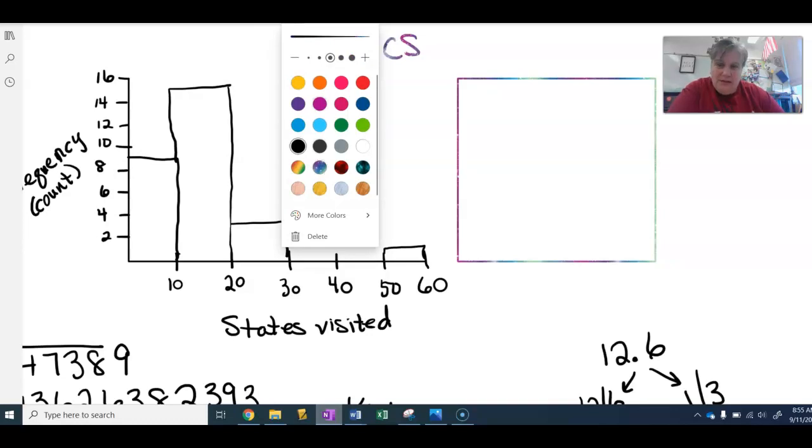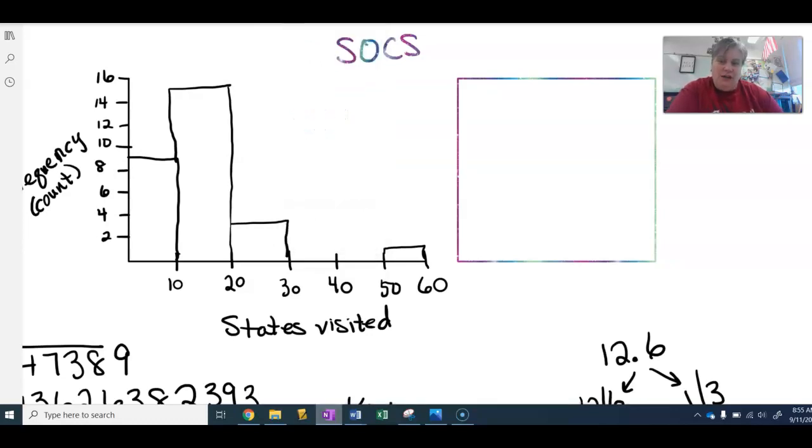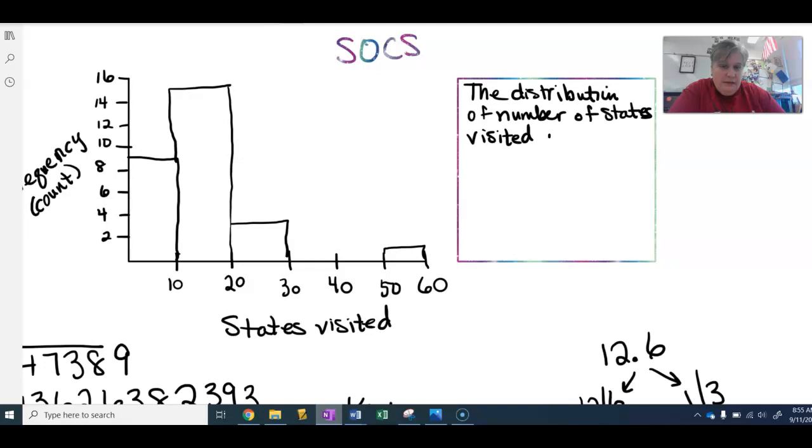Okay, so let's do this. So we're talking about the frequency of states visited. So we start off, we don't say the histogram, right? We always start off with the distribution of number of states visited is, and now I go into context.